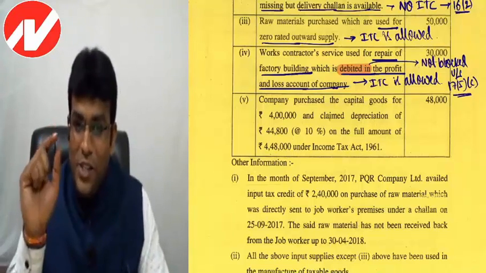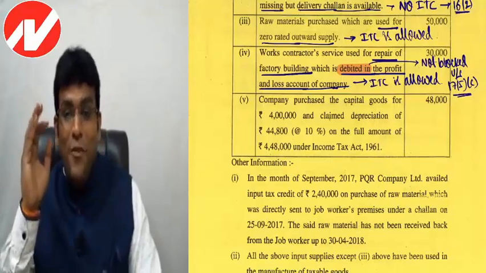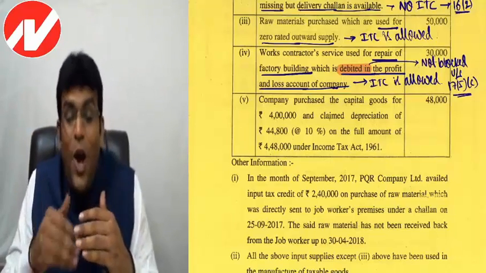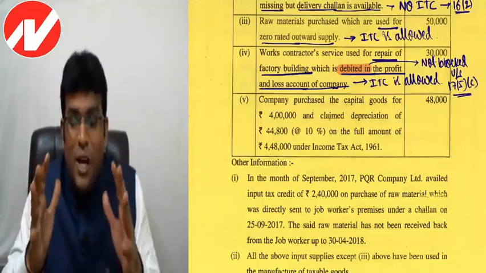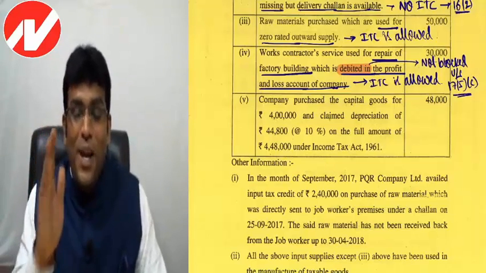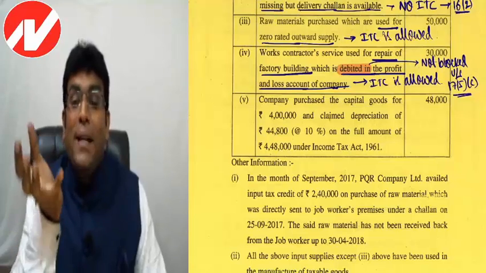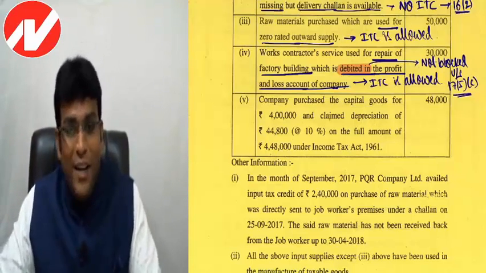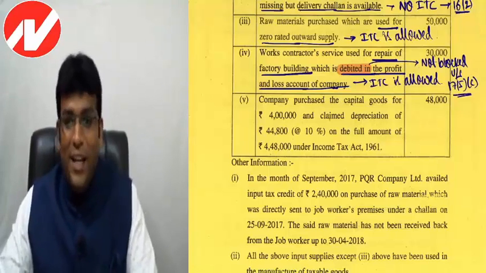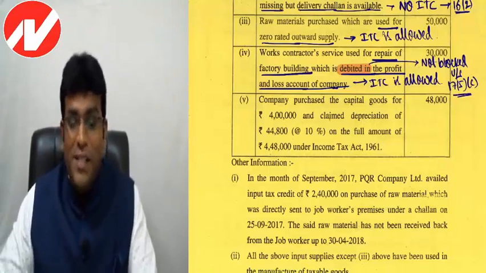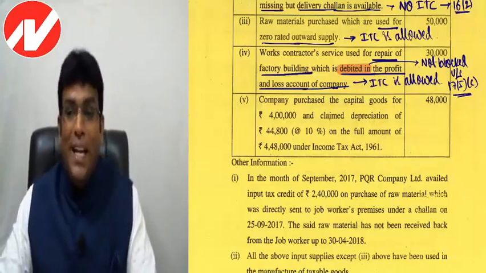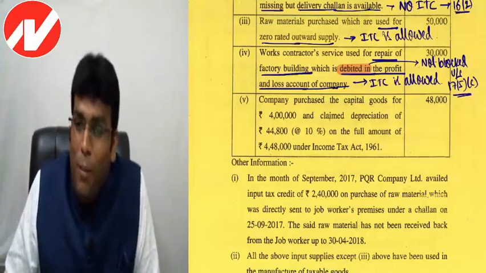And the word construction is defined in the law, which says that construction means any repairs, renovation or alteration or reconstruction to the extent of capitalization. Construction covers any repairs, renovation, alteration or maintenance to the extent of capitalization to the said immovable property.